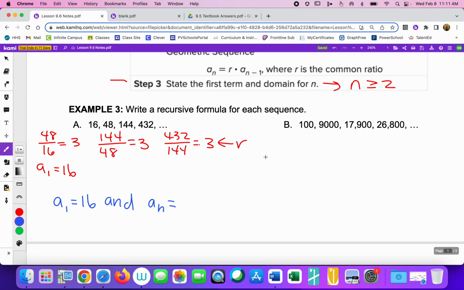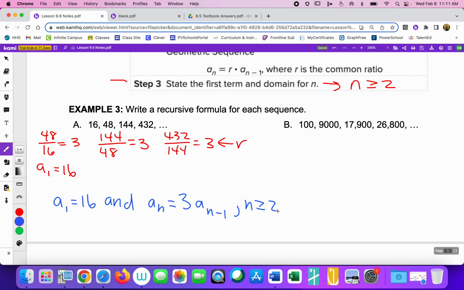What's your R value? 3. And then times a sub n minus 1. Now is that the same formula we use on example 2? Yeah, but we have a different first term. That's the only difference. And then just put a comma and n is greater than or equal to 2. Again, just a technicality, but you do need to include it.